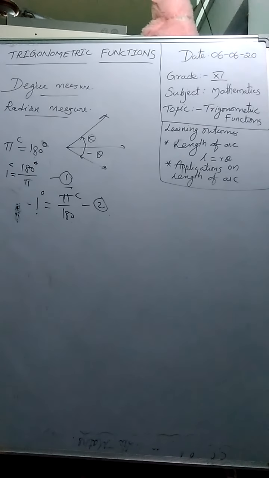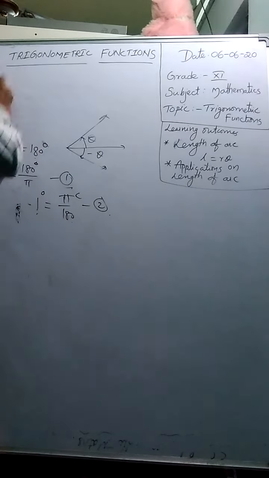By using these relations, we can rewrite radians to degrees and degrees to radians. Let us continue this topic, applications on length of arc.